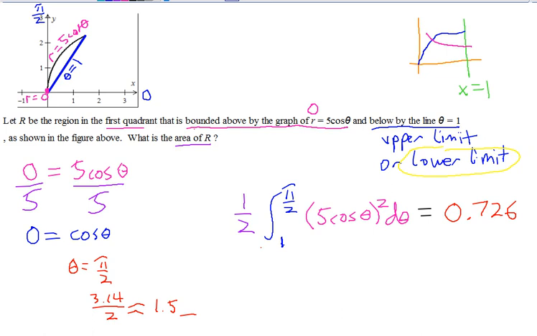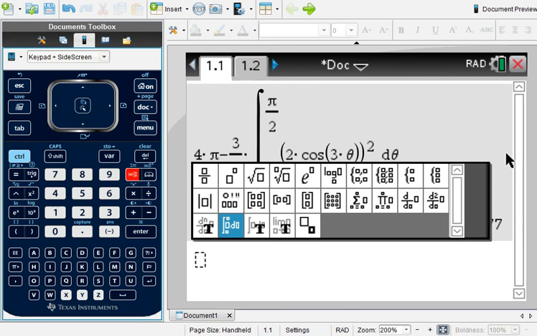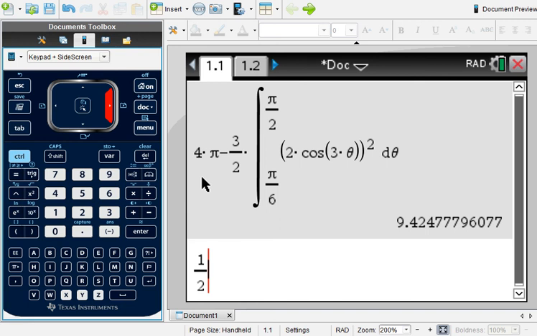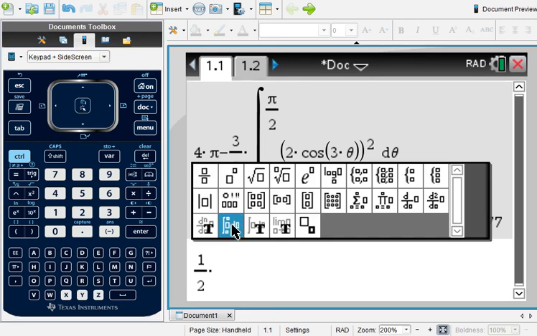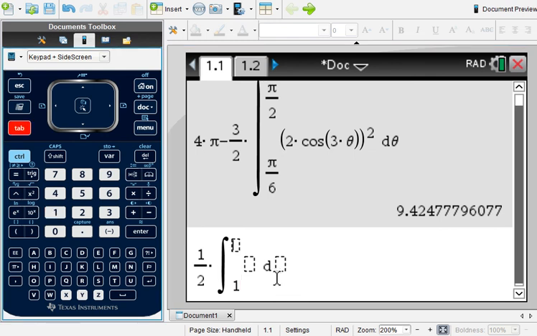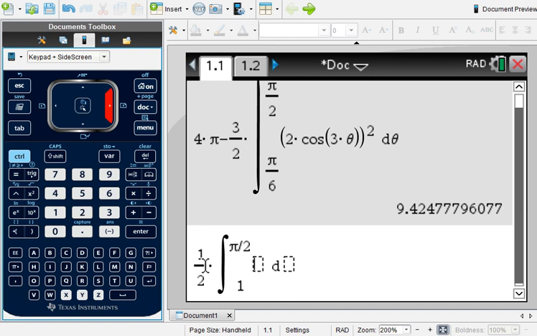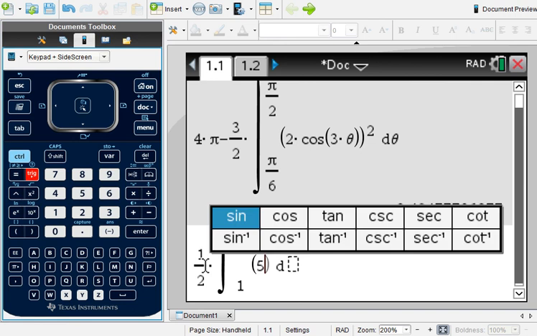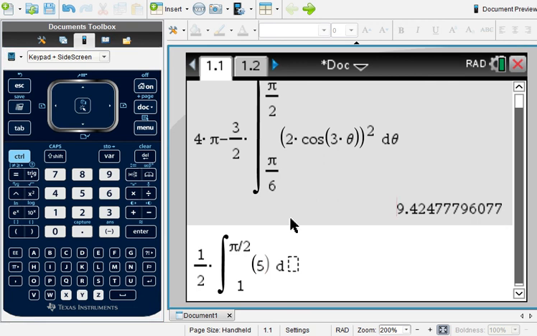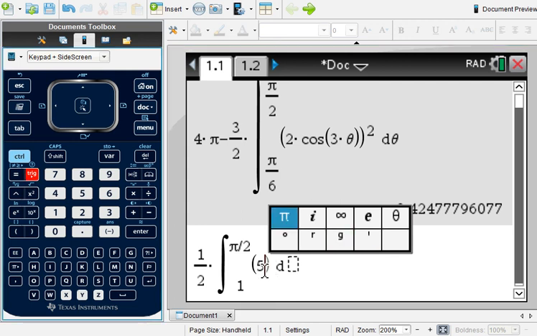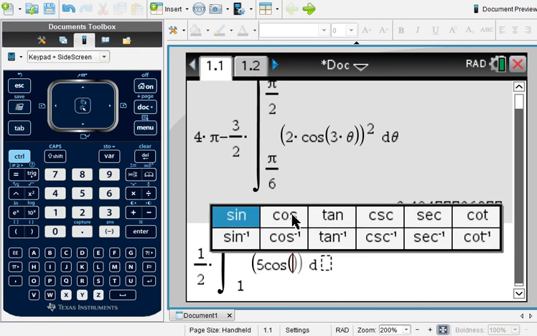And let's use the Inspire now. So you just put 1/2 or 0.5 again if that's easier, times integral from 1 to pi over 2, again open parentheses, 5 cosine of theta, squared, and then d theta.